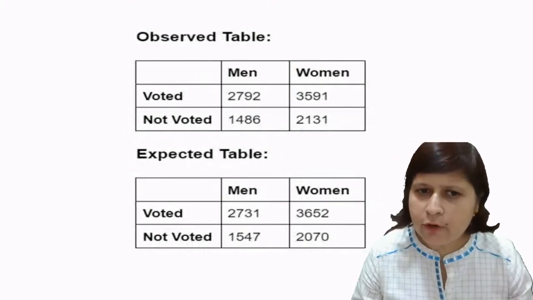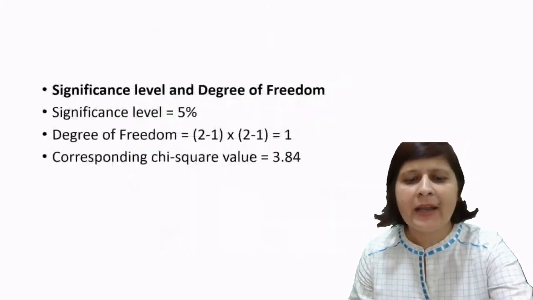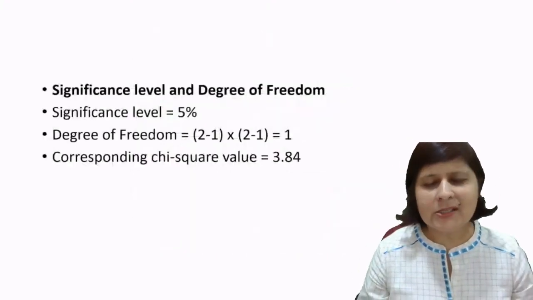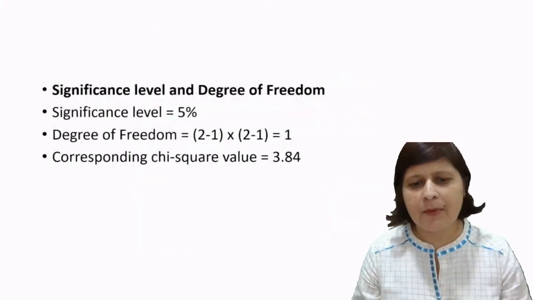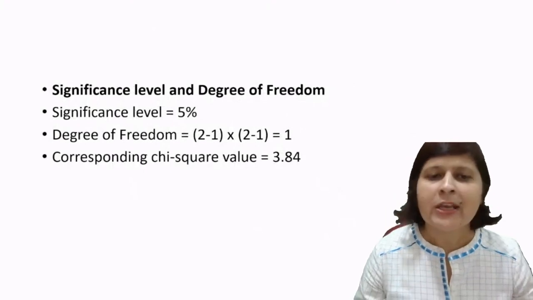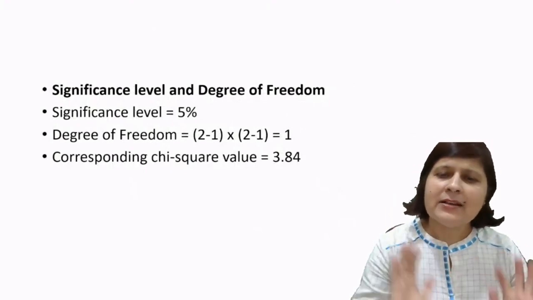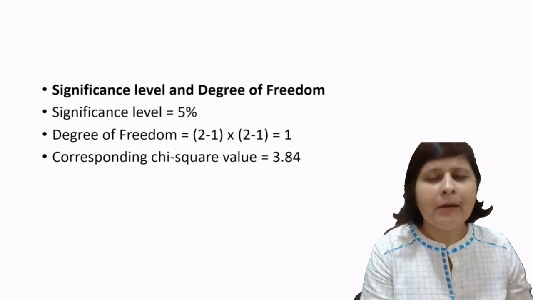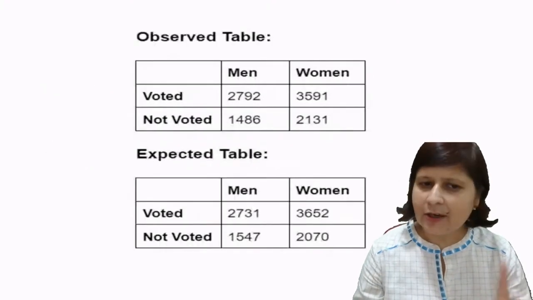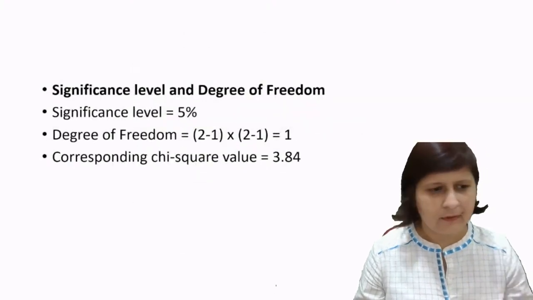And voted and not voted, again two classes, 2 minus 1. 2 minus 1 multiplied by 2 minus 1. 2 minus 1 comes out to be 1 and 2 minus 1 comes out to be 1. So 1 multiplied by 1 is 1. So degree of freedom is 1. The k is what? Number of classes. Here the number of classes are 2, men and women, and another is voted or not voted, right?